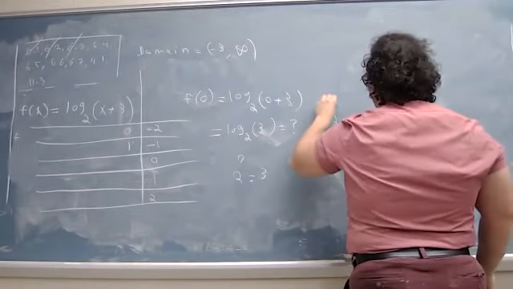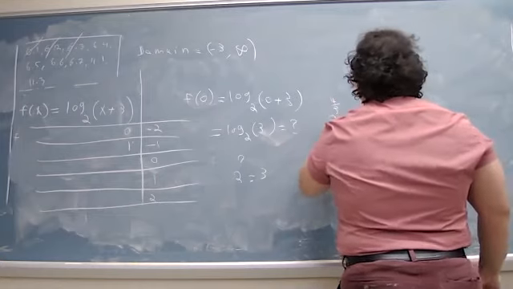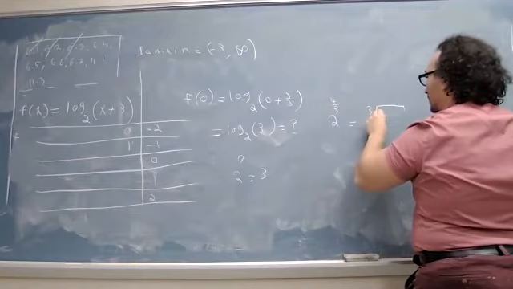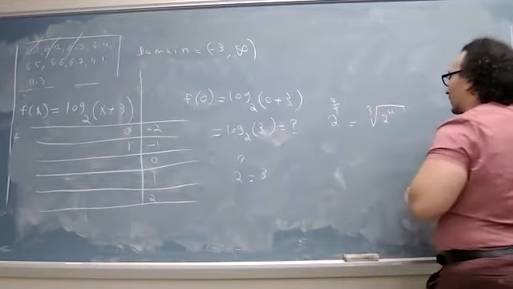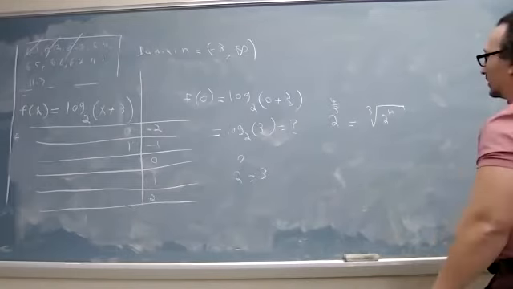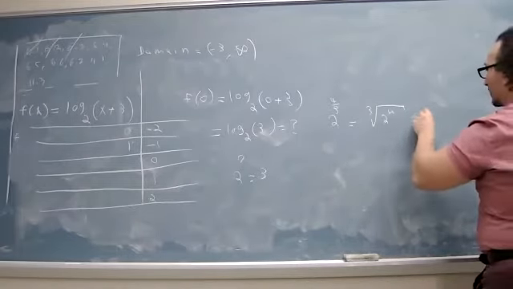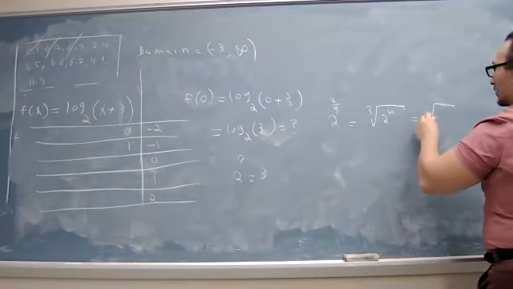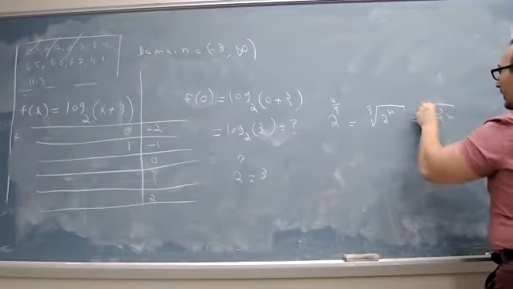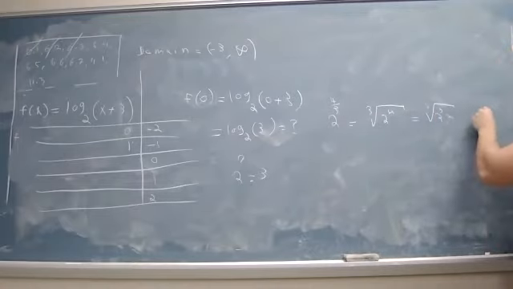How about 2 to the 4/3? Because this would then equal the cube root of 2 to the 4th, right? 2 to the 4th, actually, is 2 cubed times 2. So this is 2 times cube root of 2.